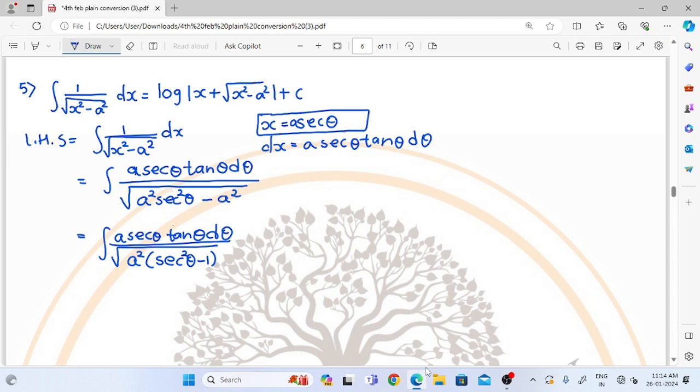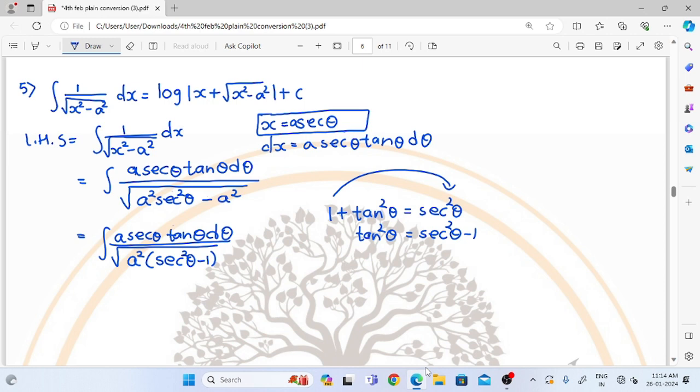Okay. Now here we can use the identity. We have the identity 1 plus tan square theta is equal to sec square theta. If we take this 1 to that side, it becomes tan square theta is equal to sec square theta minus 1. Okay. So it is satisfying.